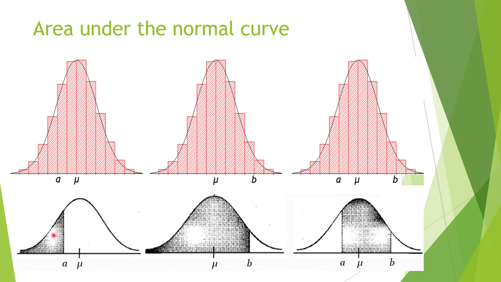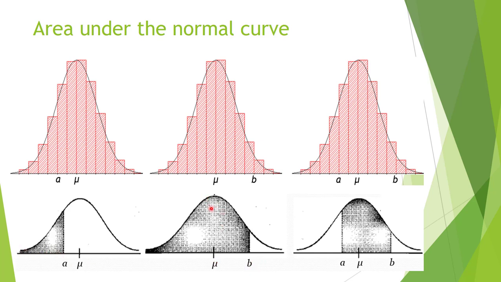This shaded area underneath the curve represents what? Yes, it represents the percentage of homes, if we are talking about the energy consumption example, or generally speaking, the shaded area represents the percentage of data points smaller than A. Remember, this is the lower end.